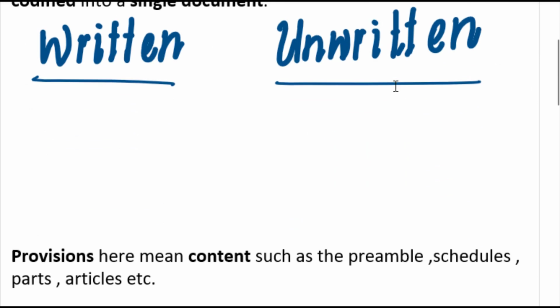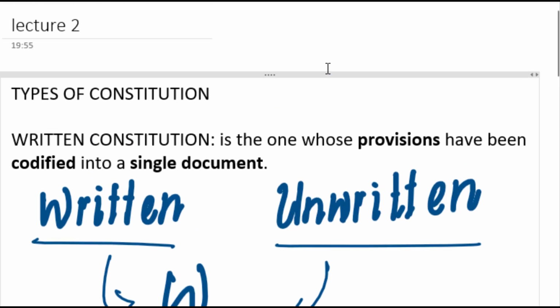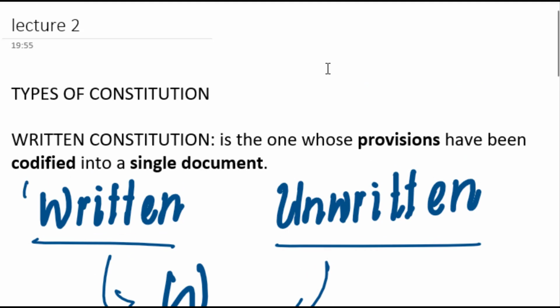In fact, both the written Constitution as well as the unwritten Constitution, both are written, with the exception of the written Constitution also being the codified Constitution. In other words, the provisions of the written Constitution have been codified into a single document.